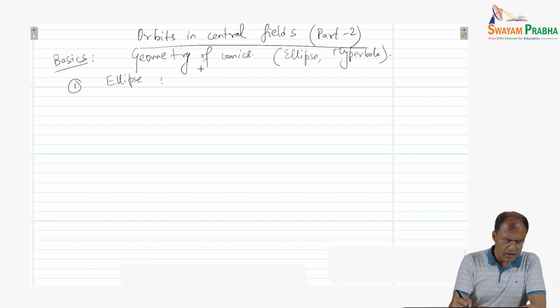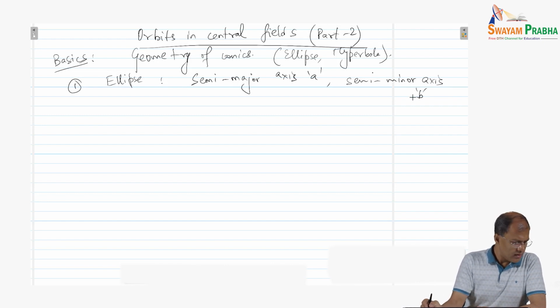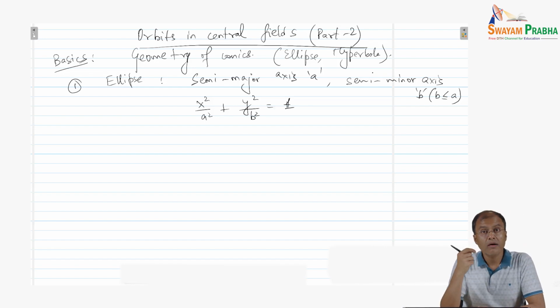So this is a conic section with semi-major axis, let's say A, and semi-minor axis B, and we have B less than or equal to A, and x squared by A squared plus y squared by B squared equals 1.